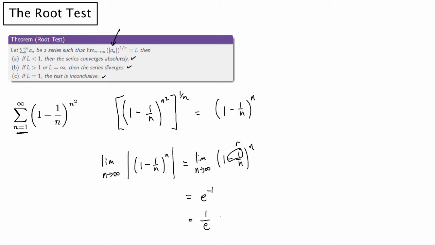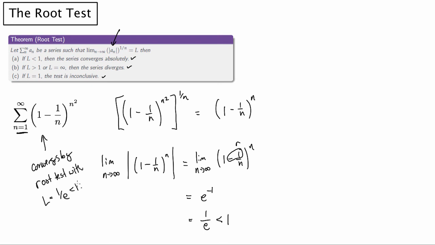It's close to 1/3, but the point is it is less than 1. And so because of this, I know that the original series must converge by the root test with a limit value of 1 over e, which is less than 1.